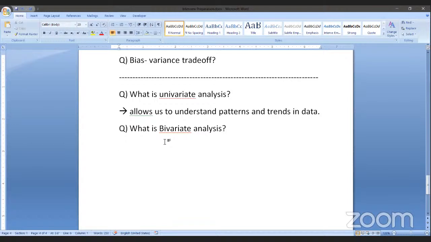So here it allows us to understand the relation between the variables.